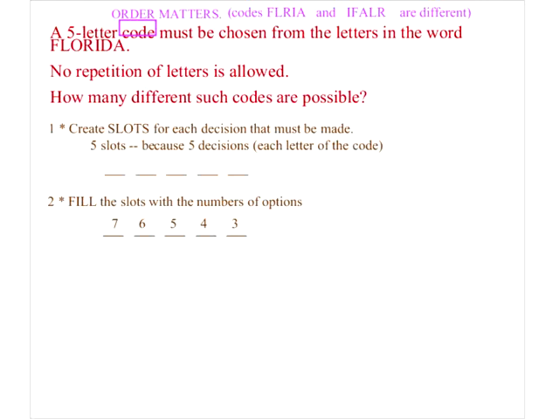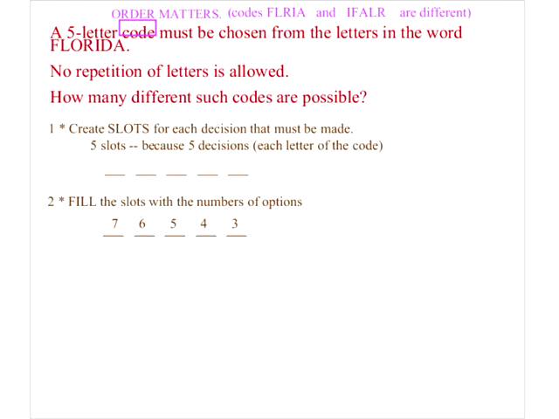Because you can't repeat letters. So you have 7 options for the first one, 6 for the second, 5 for the third, 4 for the fourth, 3 for the fifth. Each time your number of possible options dwindles by 1.